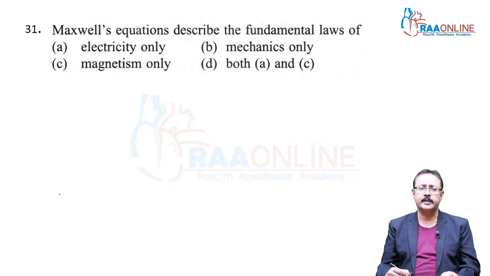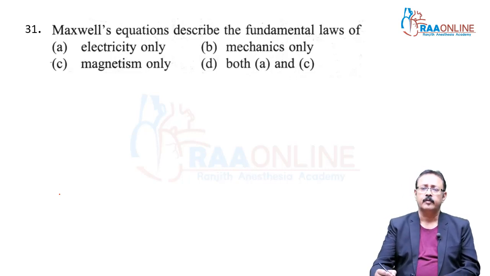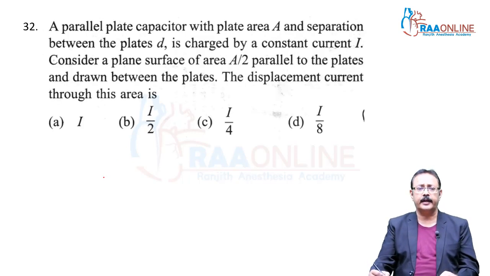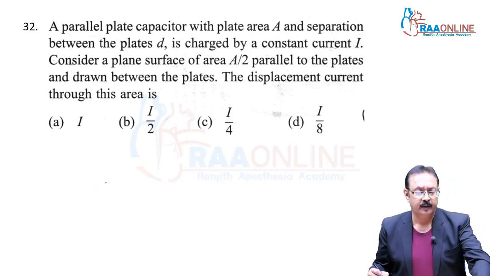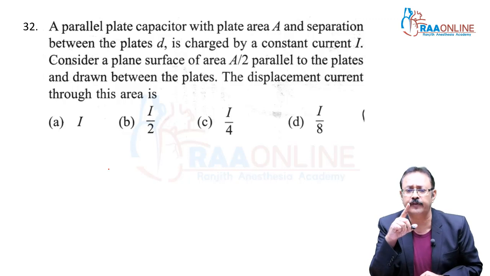Next, 31st: Maxwell's equations describe the fundamental laws of both electricity and magnetism. 32nd, a parallel plate capacitor with plate area A and separation between the plates d is charged at a constant current I. Consider a plane surface of area A by 2 parallel to the plates and drawn between the plates.